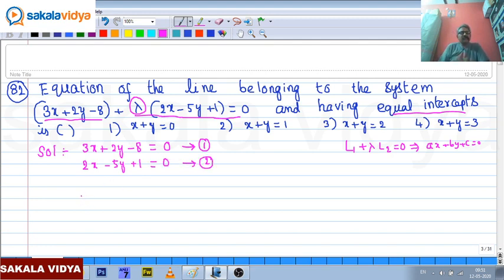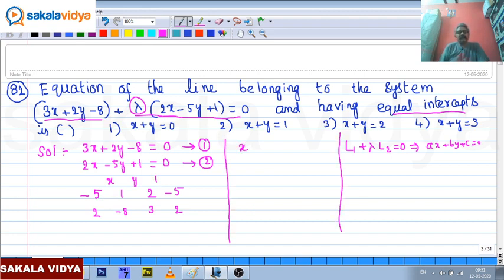So that means you can write like this: minus 5, 1, 2, minus 5, 2, minus 8, 3, 2. X, y, 1. This method is called cross multiplication method.